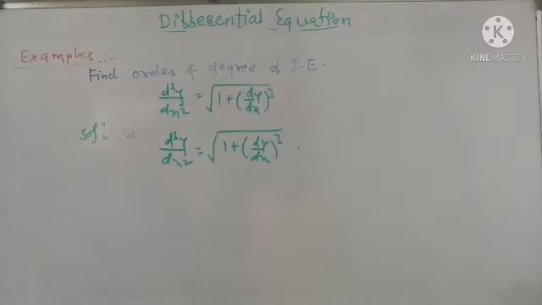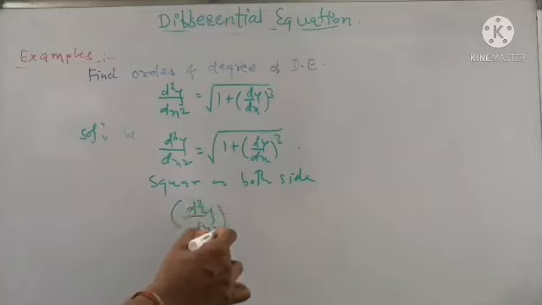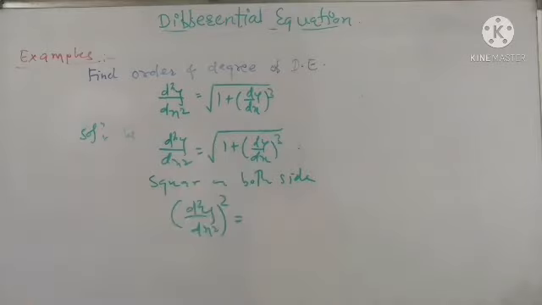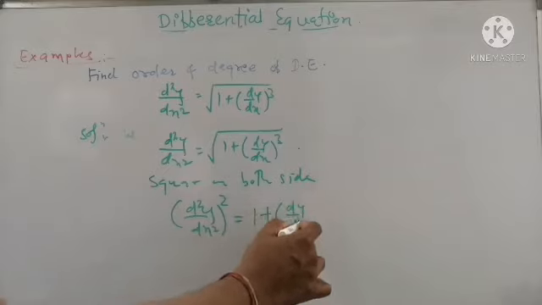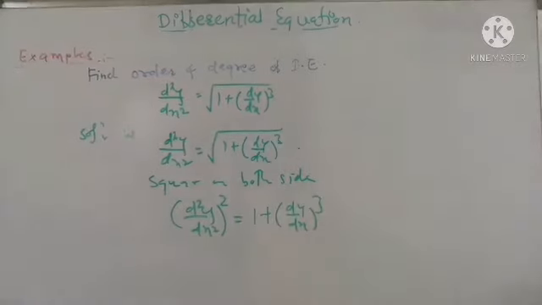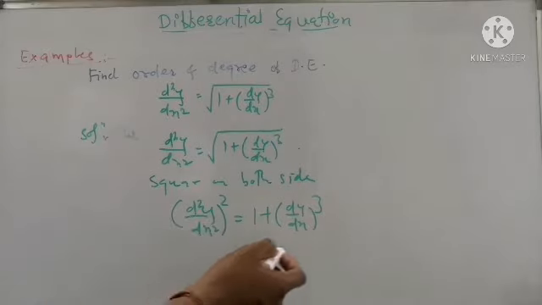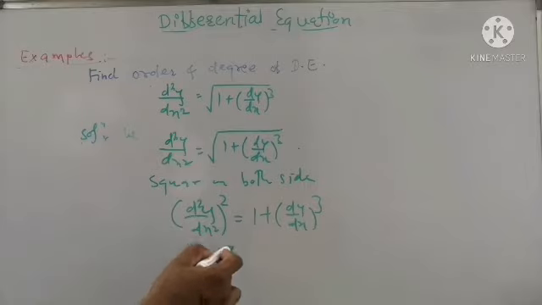On the left hand side we get d square y by dx square bracket squared, as this is a single term, and on the right hand side the root and square get cancelled and we get the term 1 plus dy by dx bracket cubed. Now you can observe this is the equation which is free of radical sign, as the power of the derivative operator is a positive integer. The order of this differential equation is 2, as the highest derivative operator is d square y by dx square, and the degree is the power of this derivative operator, which is 2.